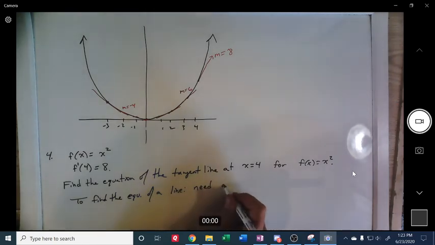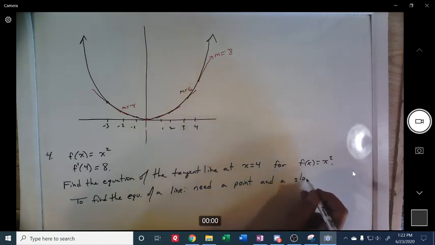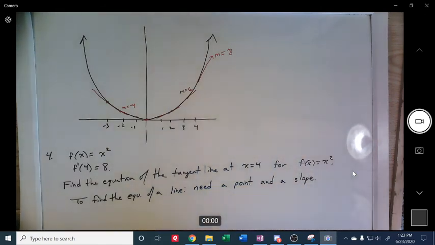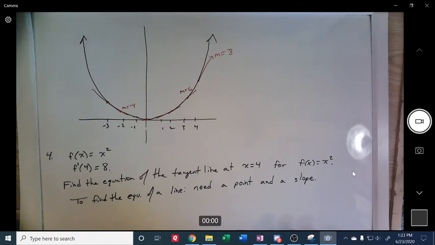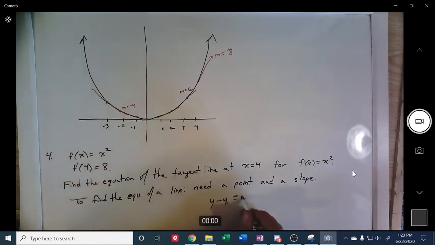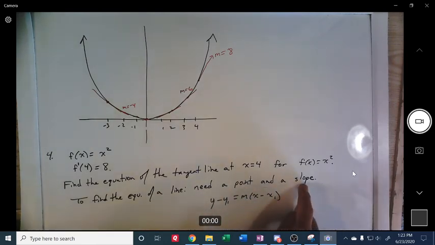We need a point and a slope. And then if we have a point and a slope, you can plug it into the point-slope formula. y minus y1 equals m times x minus x1. But we need the point and we need the slope.